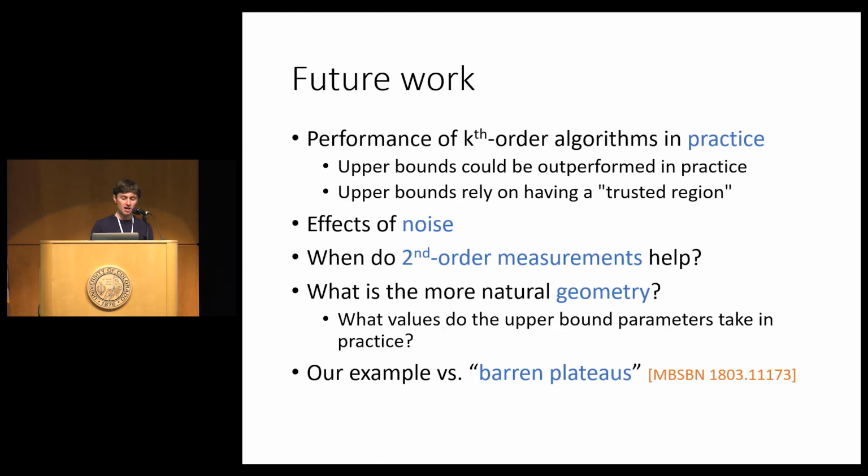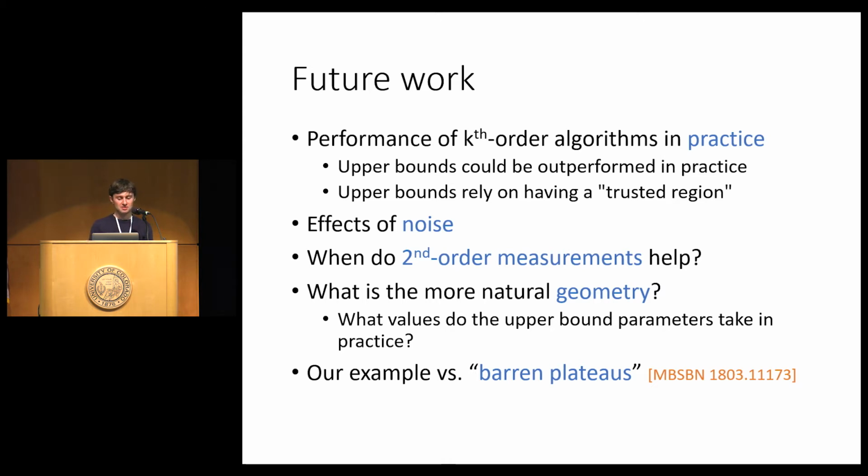So what happens in practice if we don't have a region like this? Can we construct one, or what should we do if we can't? Also, I didn't say anything about noise. Clearly that is not reasonable in practice, so it would be important to understand how all of this behaves in the noisy setting.